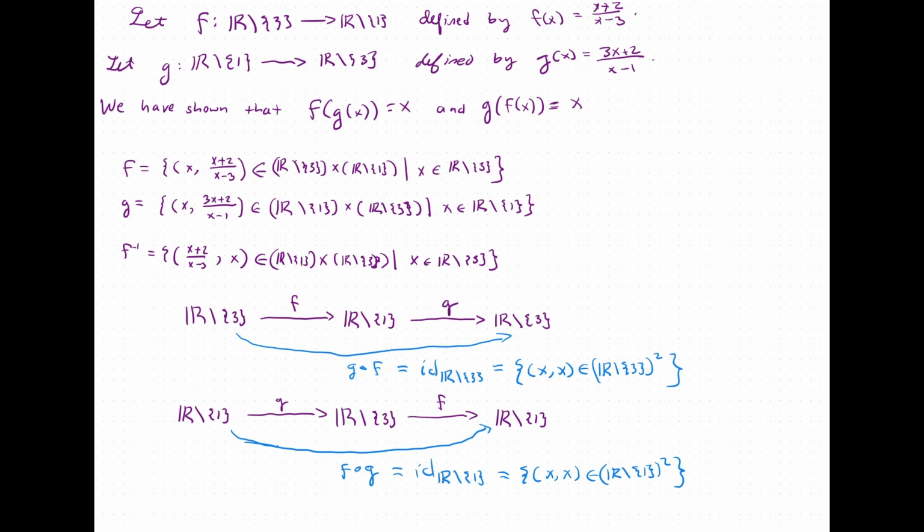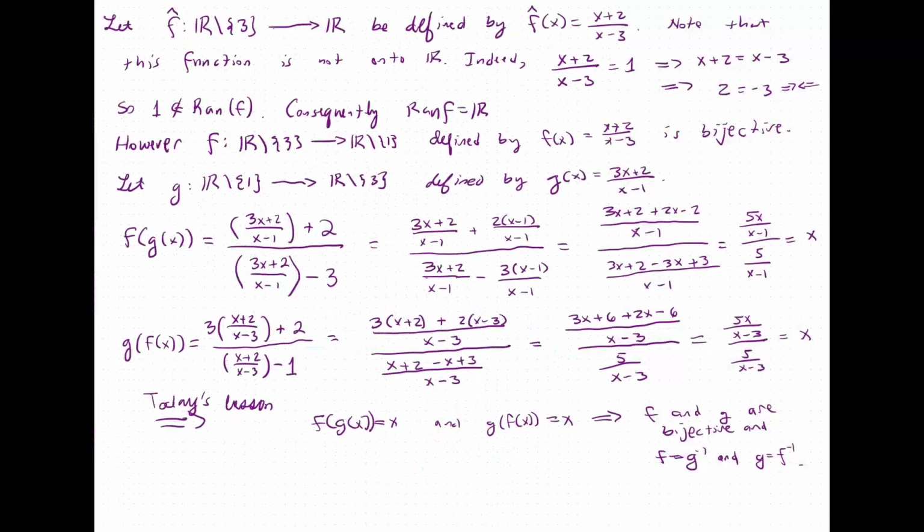And so one of the things that we will be investigating today is considering what happens when we have compositions that are equal to the identity relation on the given domain of that composition. And one of the things that we will prove is this thing that I mentioned just now, that if we prove that f composed g is equal to the identity relation, and so is g composed f, on the respective domains, then that will imply to us that both f and g are bijective.